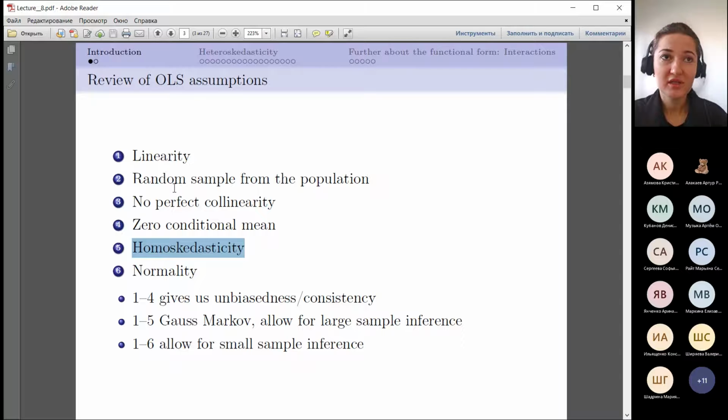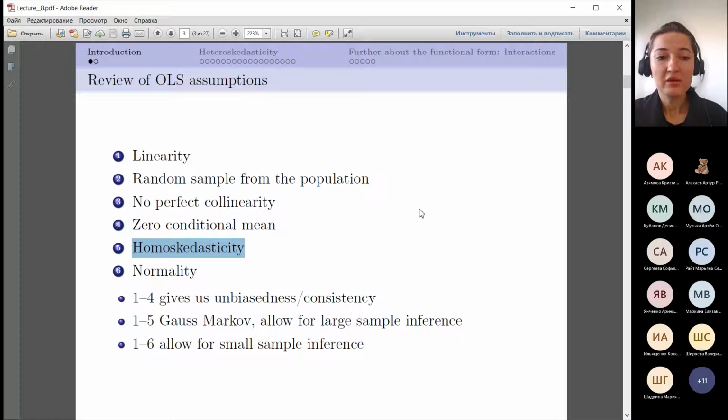Even if you notice the problem of heteroscedasticity, you have a chance that your estimators will be unbiased and consistent, of course if you hold all other assumptions. But the problem is that your estimator will not be efficient. Efficient means having the lowest variance among all other unbiased and consistent estimators.